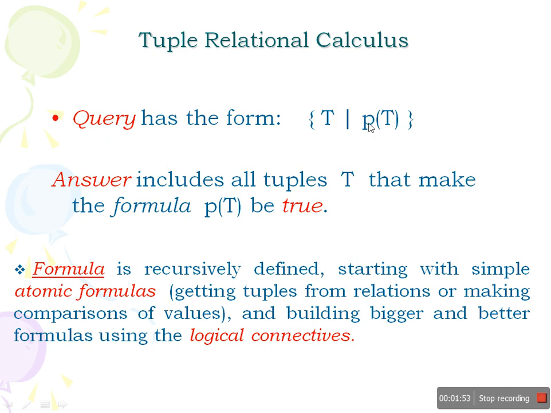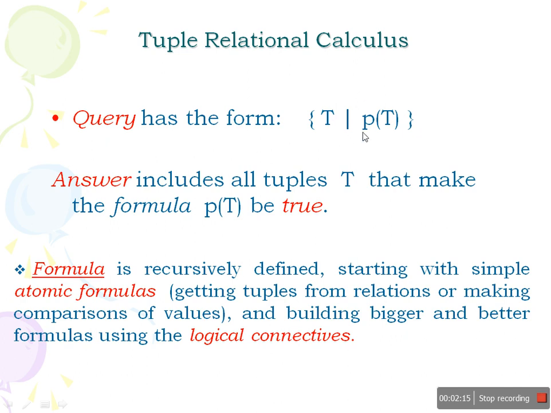If P of T is true, then that record or tuple will be stored in the left side, that is T. So whatever tuples are evaluated to true, those results will be stored in the tuple variable called capital T.